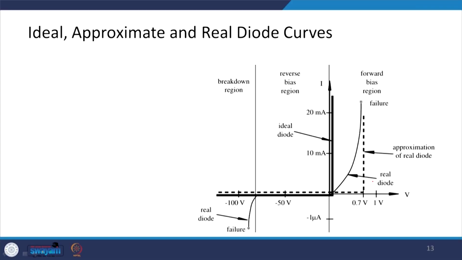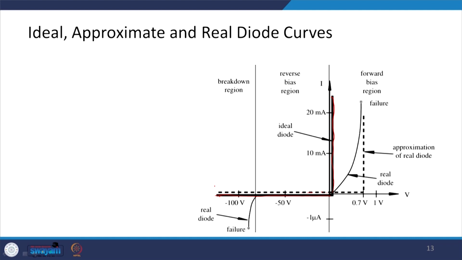Ideally, with a small voltage in the forward bias, you get a very large current, as you can see here. Whereas in the reverse bias, as you keep on increasing the voltage, your current is not going to change.